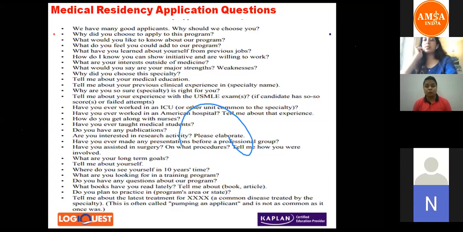What books have you read lately? Tell me about it. So if you're an ardent book reader, you can talk about it. If not, maybe you can just be clear and vocal about things rather than saying, yeah, I read newspapers, I read articles, but not really. Just stick to the point is what I'm trying to say. Do you plan to practice in the program?